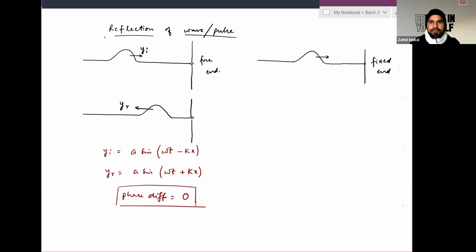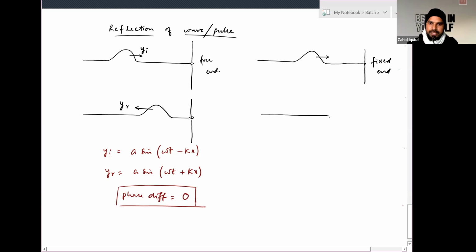But in case of a rigid support, on hitting it, the pulse gets reflected back, but in the opposite direction, like this.